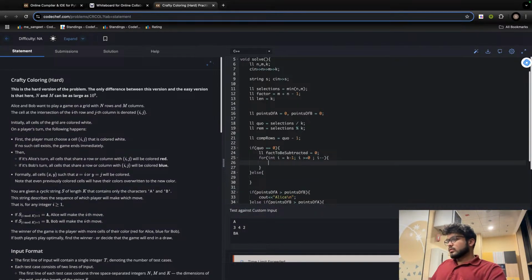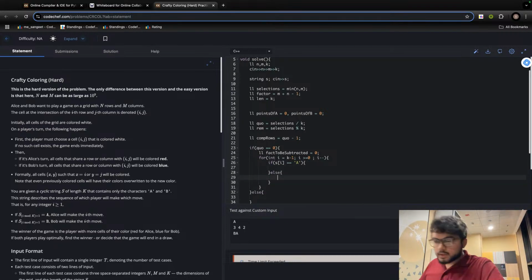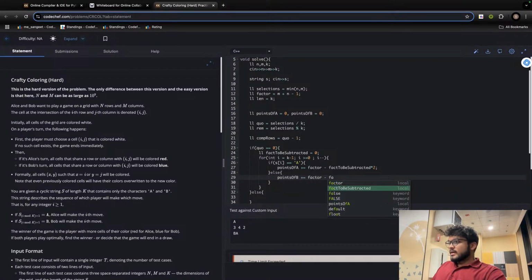So what will happen here? If s of i is equal to a, then something, else something. This will add the factor minus fact to be subtracted into 2, and this will add points of b plus factor minus fact to be subtracted into 2.